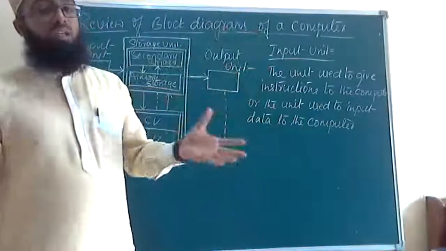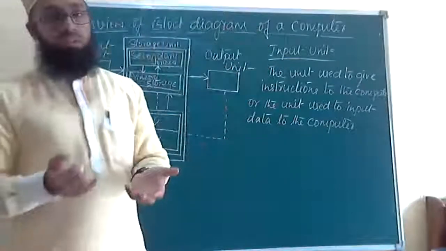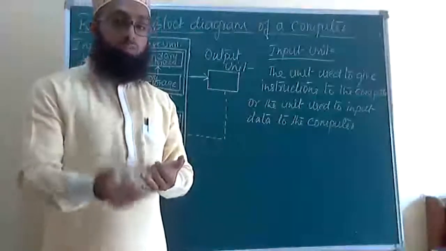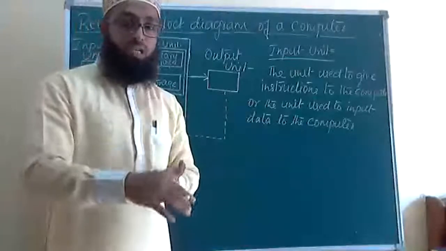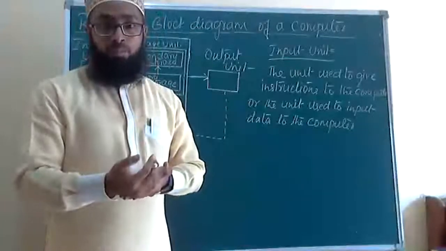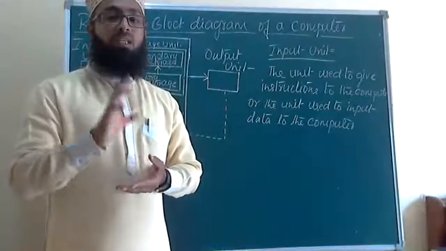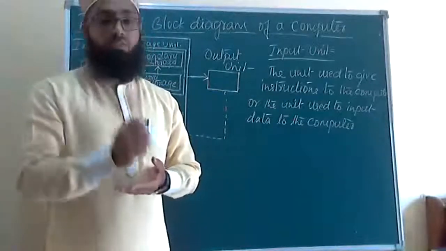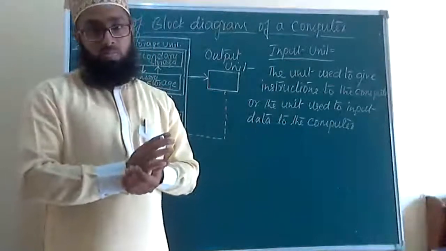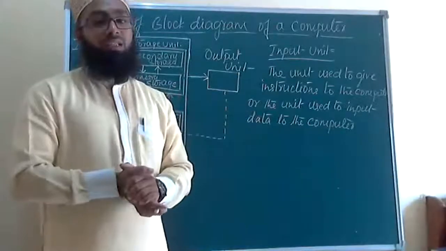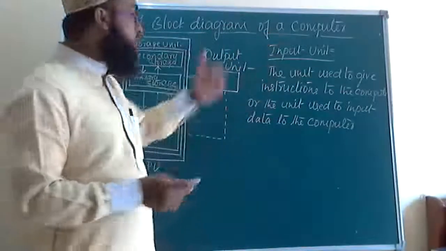If we discuss one by one, what is keyboard, what is mouse, what is joystick, or what is scanner, or what is webcam, then they become input devices individually. Combining all these things we can call it the input unit.